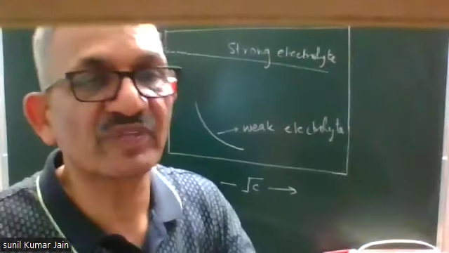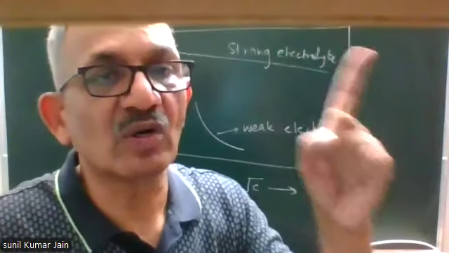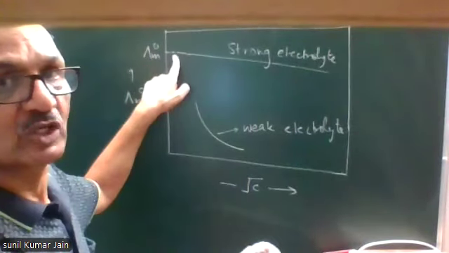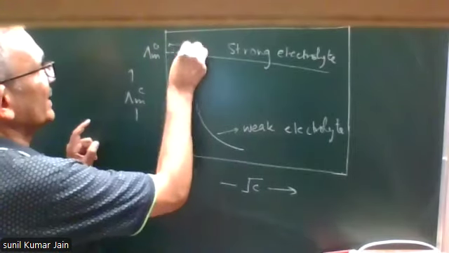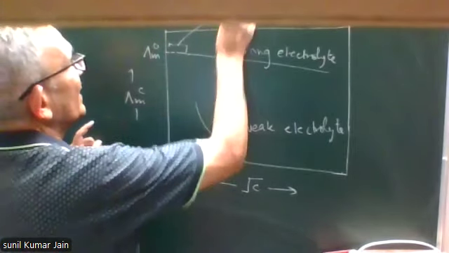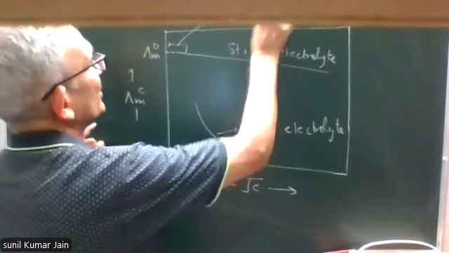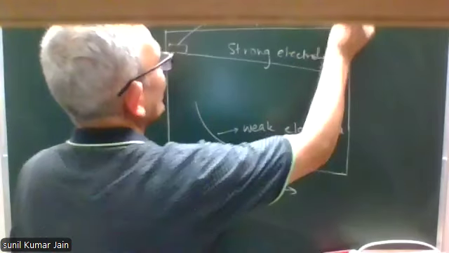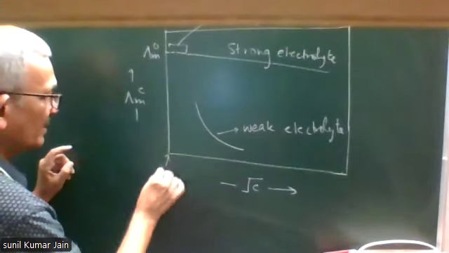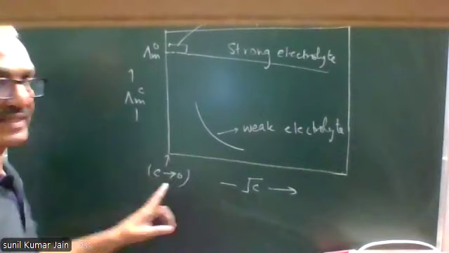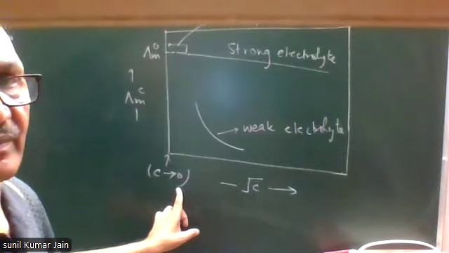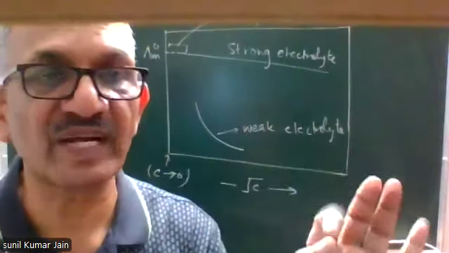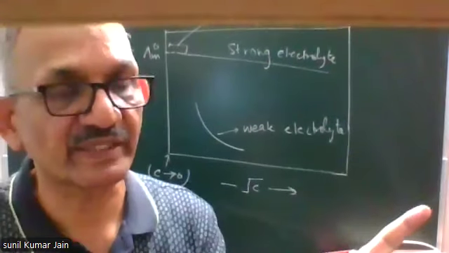From extrapolation of the graph, we can calculate the value of lambda m naught. Please extend this graph with the help of a dotted line in your notes. Label it: this is extrapolated graph. And here write down C approaching 0. This type of extrapolation of the graph is not possible for weak electrolyte.